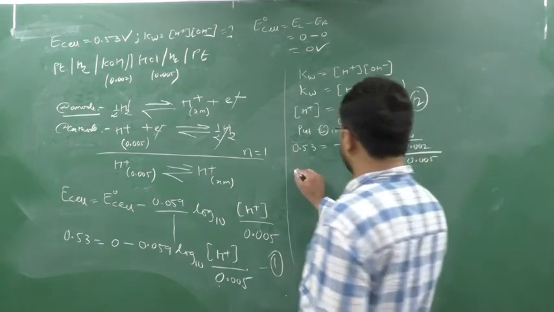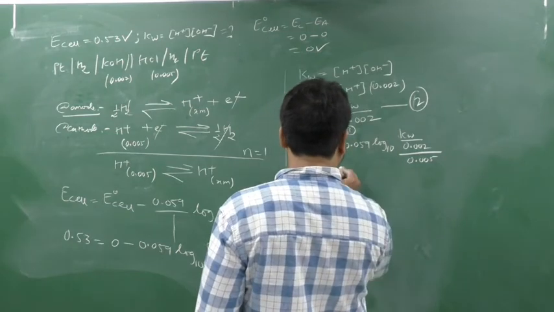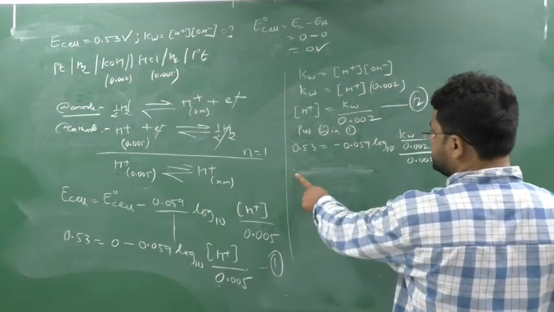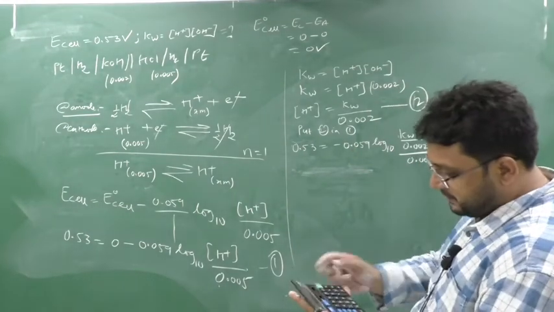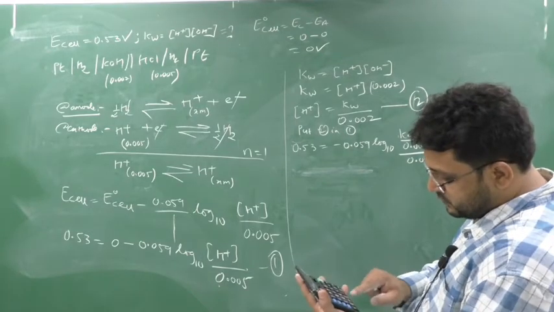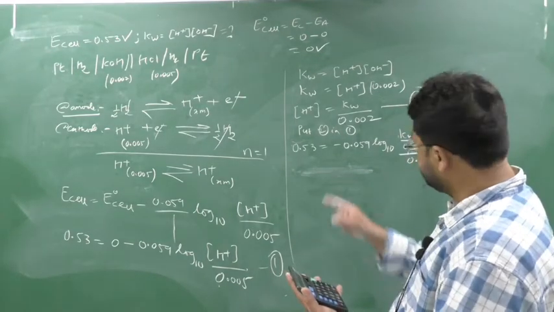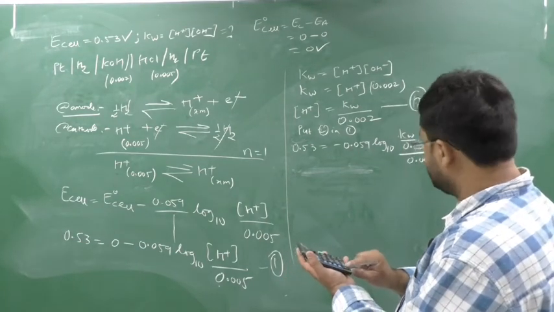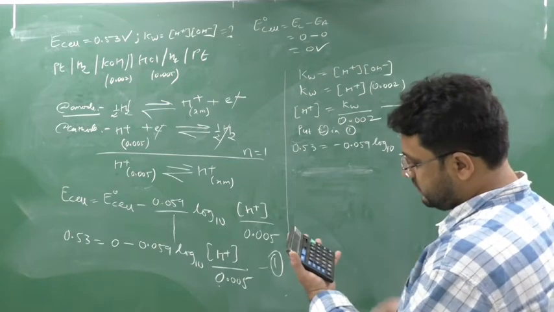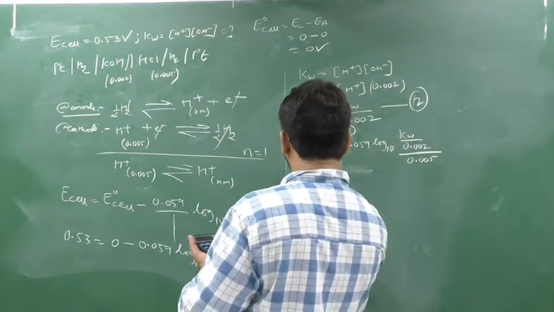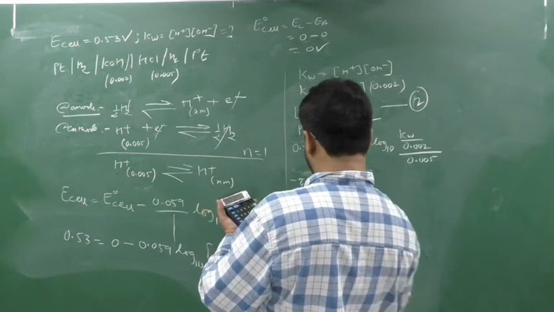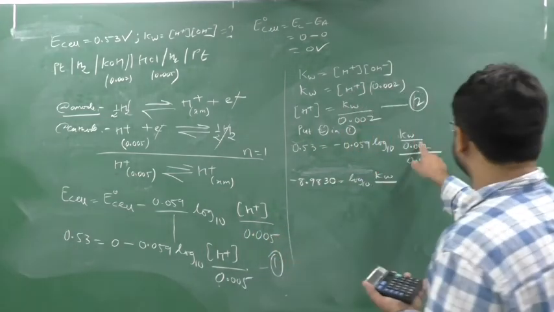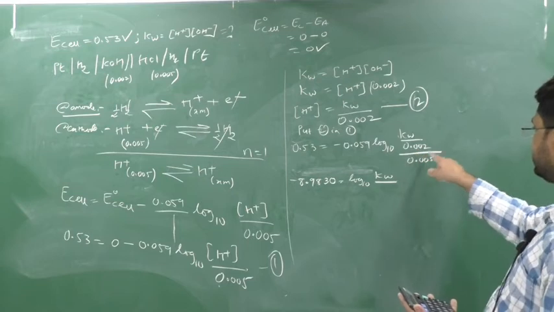How to solve? 0.53 equals minus 0.059 times the log. So this 0.059 will go into the division, and I will get 0.53 divided by this whole minus 0.059, which is minus 8.983. The remaining is log to the base 10 of Kw, and this will also get minus multiplication, 0.002 and 0.005.